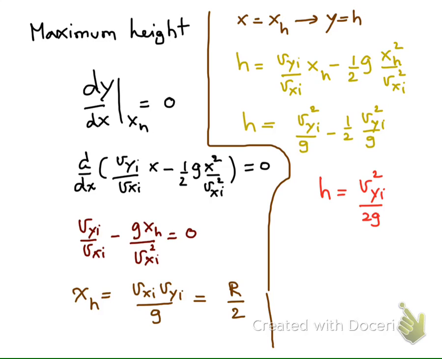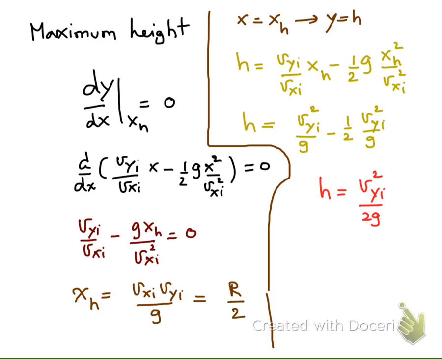You can see that the value of h here is the maximum height of the object if we throw the object vertically upward and the initial velocity of the object is equal to vyi.